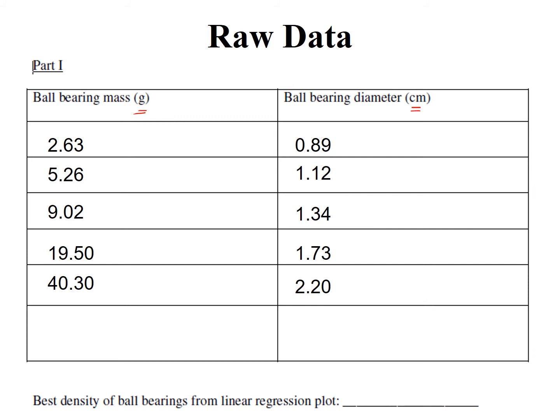You're going to enter these values in Excel to determine the surface area and volume. Once you have that, you're going to plot mass versus the diameter, mass versus the surface area, and mass versus the volume. And from that, you're going to get the density of the ball bearing.